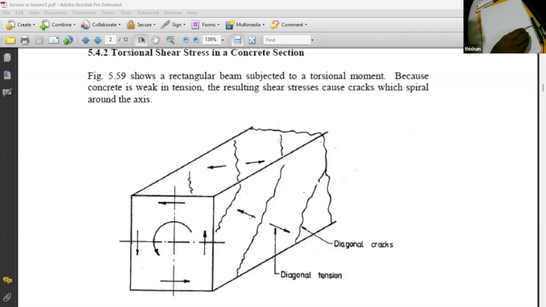So if a beam is subjected to torsion, we must provide the reinforcement. The reinforcement will consist of additional longitudinal bars and links. And I showed the shape of the link as well.